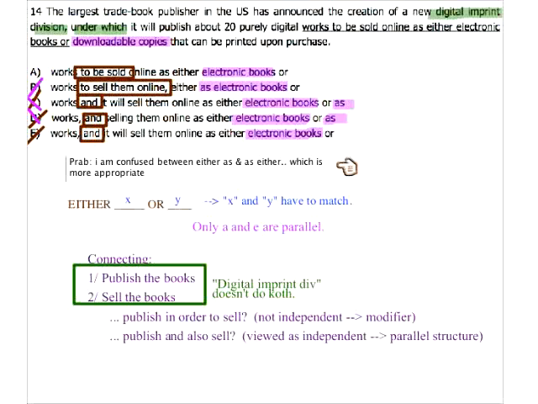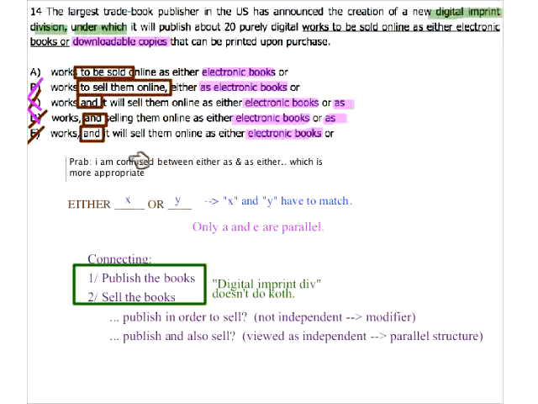Could you mind recapping again why we ruled out and? Yeah, it's a theme we've been talking about in this lesson. And would imply separate tasks. And would imply that these are separate independent tasks.